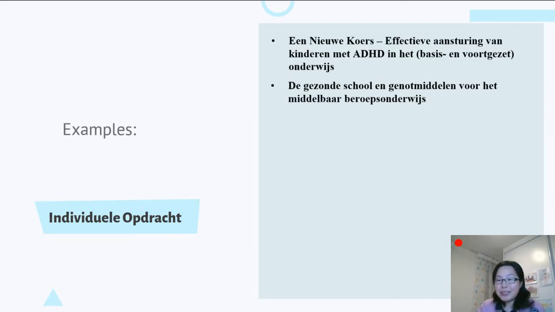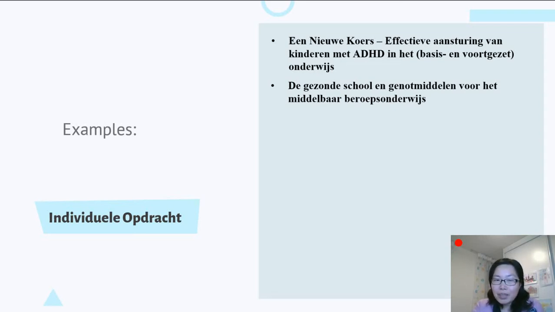Now I'm going to present you some examples of previous students' individual essays. So the first one is a new effective management system for children with ADHD in the primary and secondary education.